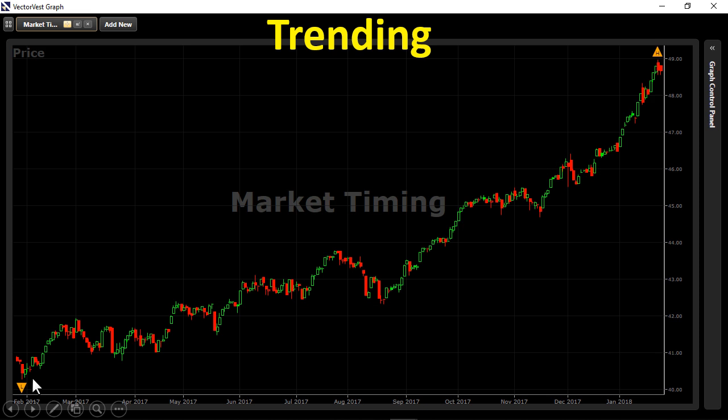Here's what a trending market looks like. We have the VectorVest composite here represented in candlesticks, and a trending market is the most comfortable environment to invest in. The market hits higher highs and higher lows, and you can see that here in 2017. So what we want to do is we want to buy stocks or add to existing positions at each subsequent higher low.